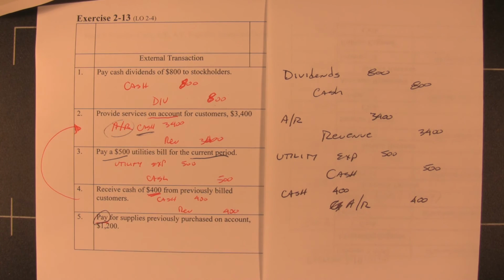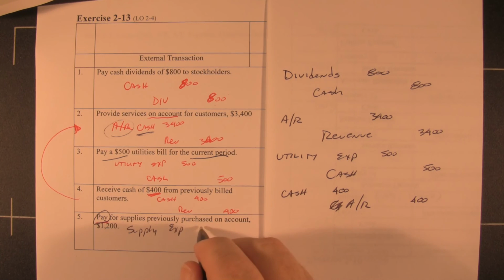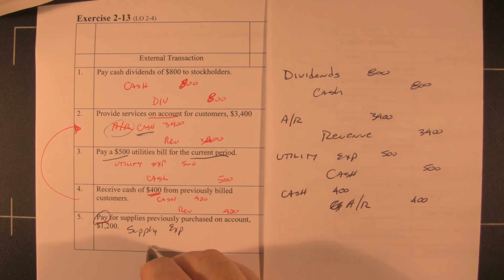And now we're paying for supplies that we previously purchased. He's saying that that's a debit to supply expense and a credit to cash for $1,200. That's what he said. Well, that's not quite correct.